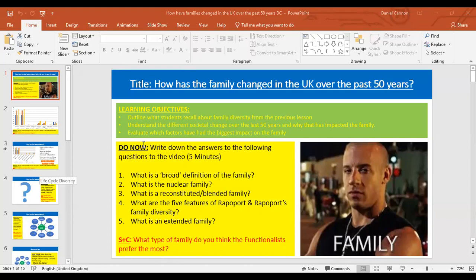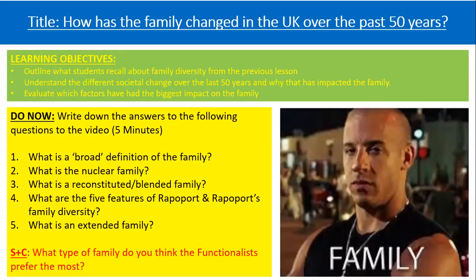Social class diversity, so your family structure and roles may be different based on your class. Life cycle diversity, so the idea that your roles within the family might be different depending on where you are in your life. And then cohort diversity, the idea that events in the world might change the structure and the values within the family.